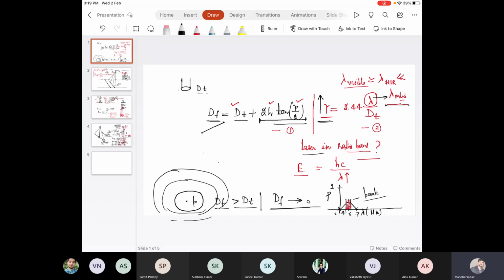This is the reason why we select lambda green for water mapping, water body 3D mapping. Okay. Now we'll move to the next discussion.